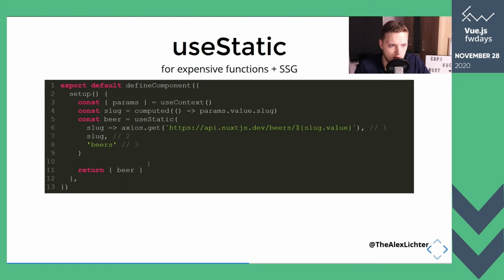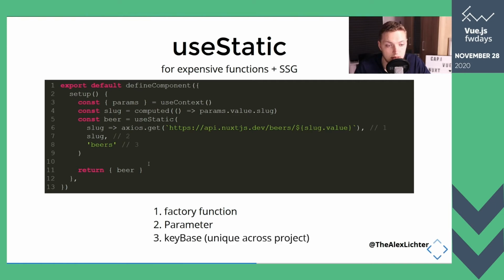Okay, and we'll take a look. So the first one is called the factory function, and then we have the second one, which is the parameter or the key, however I want to call it, and the third one is the key base, which should be unique across the project. So let's see how this works during generation. We don't know what it does yet, but you'll figure it out in a bit.